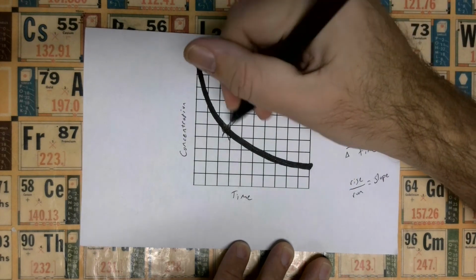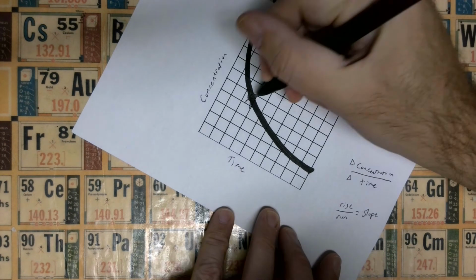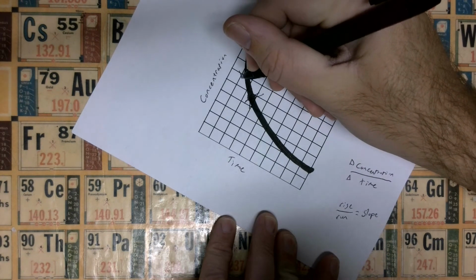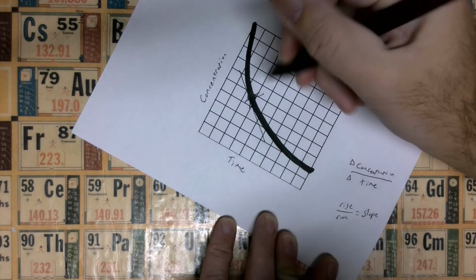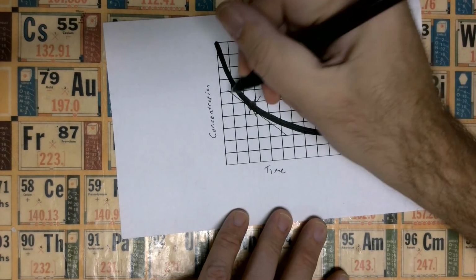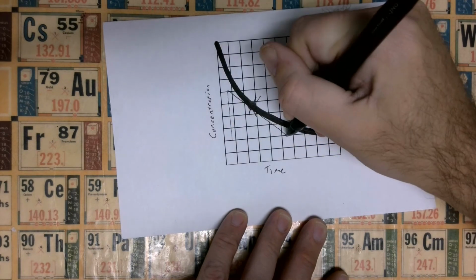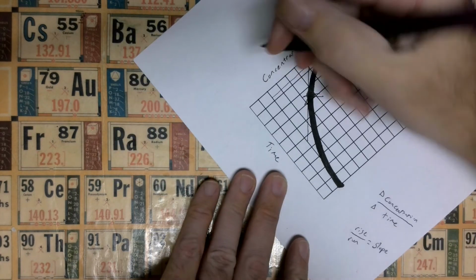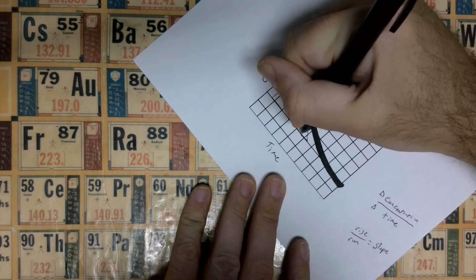Well, I'm going to draw a straight line that runs through that point. Okay, there's my straight line. And then I'm going to complete a triangle with that line. It's going to look something like this.